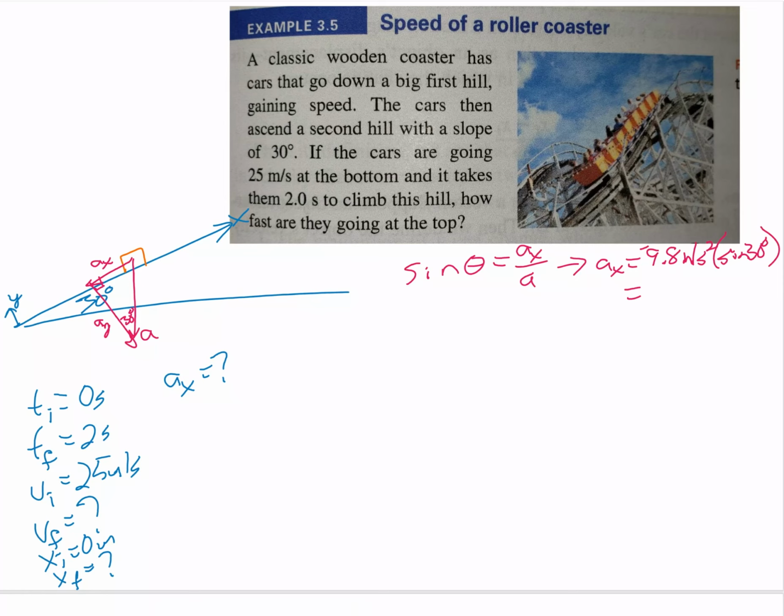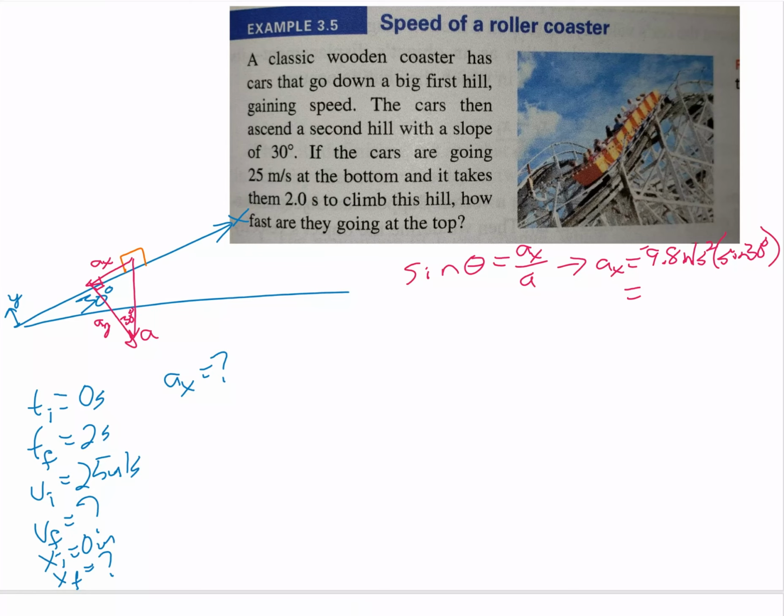It's negative now? Yeah, because I'm using a instead of g. So negative 9.8 times sine 30 is negative 4.9.